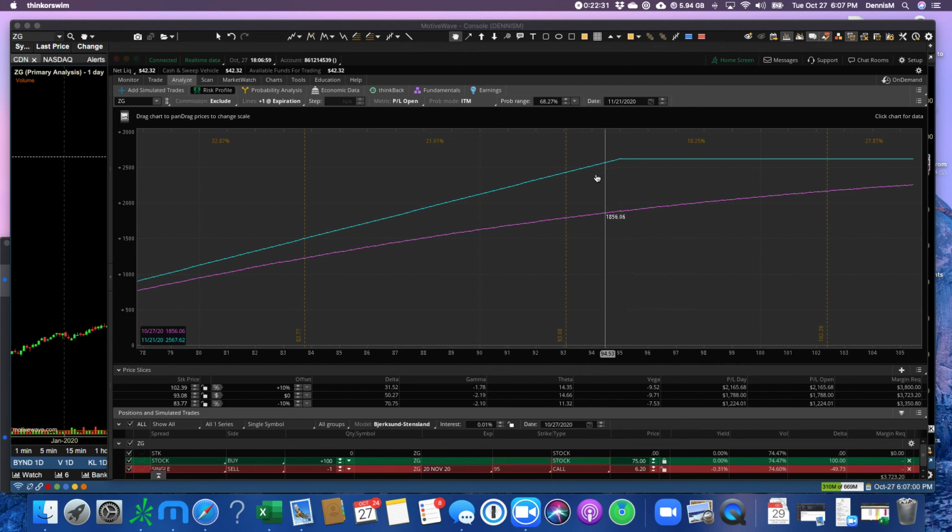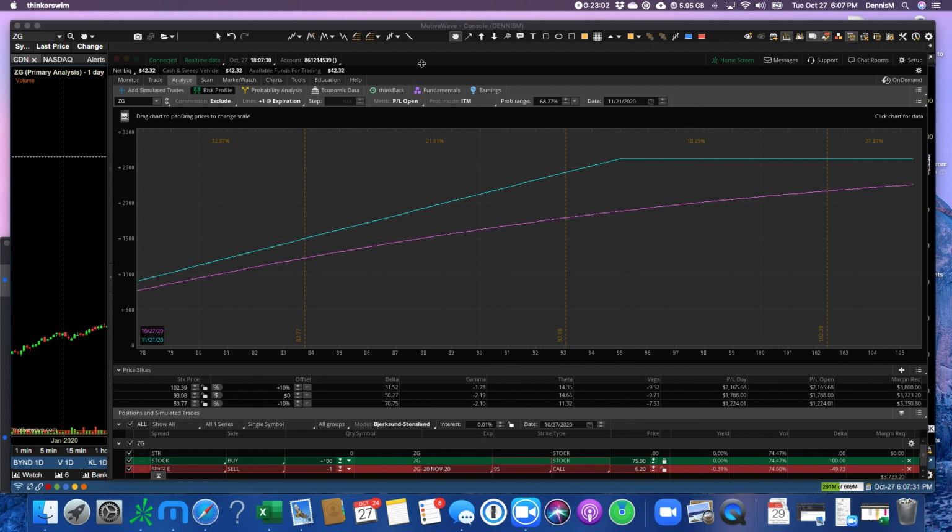Because if the price goes down, as it very well could by looking at the chart, you still own your 100 shares, less profitable, but you're going to keep $620 worth of profit. So if the price on November the 20th is anywhere below $95, you get to keep $620 and then do it again in December and keep collecting premium like that.